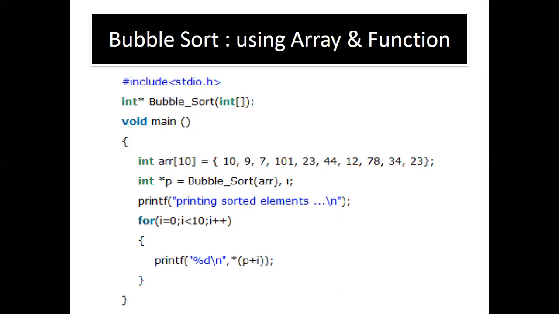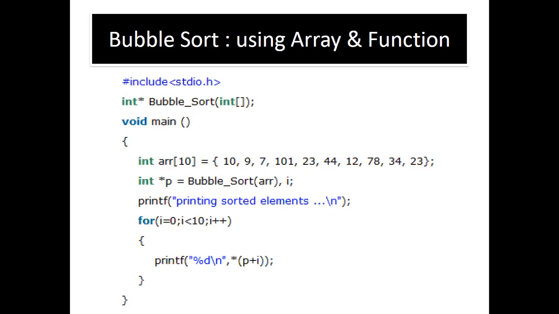array and function, a pointer is going to be utilized. The additional idea here is a function pointer, where the function is going to return some value with the help of a pointer, and we are going to receive it. Starting from the beginning of the code, there is a function prototype which is a little bit tricky compared to the other two examples we have seen.